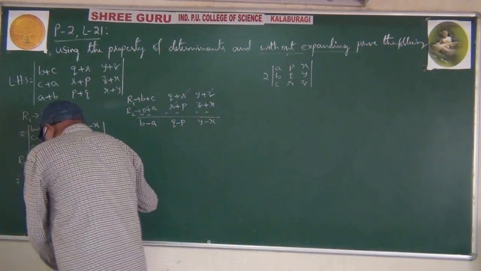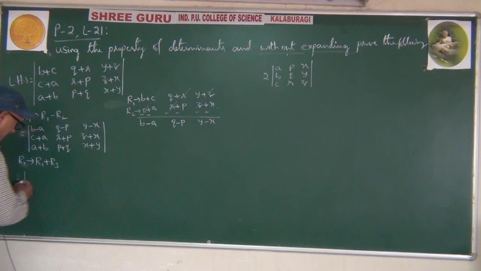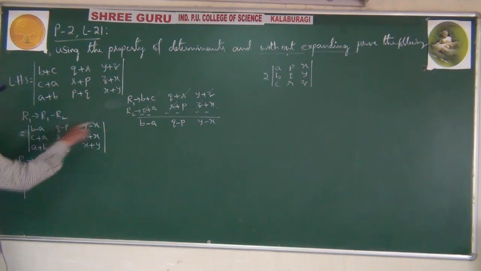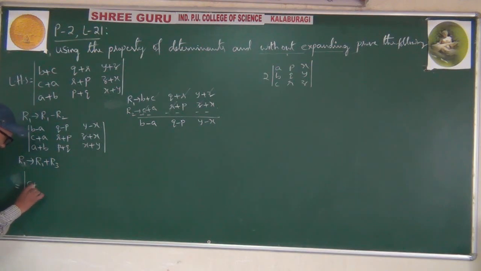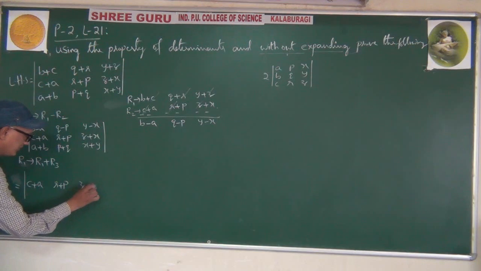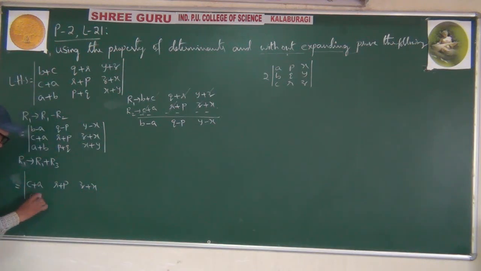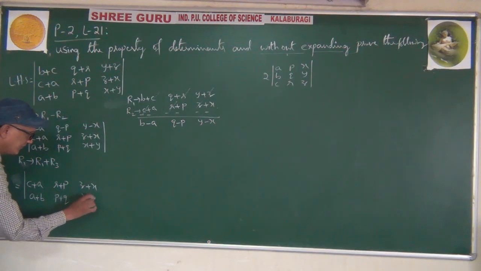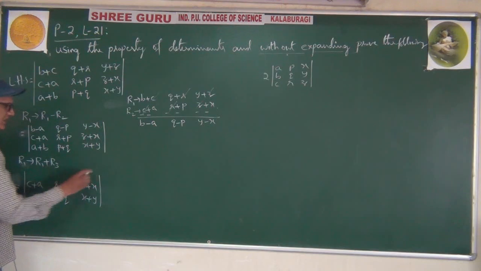You will get that by doing practice. Practice means observation. R1 we are changing, second row as it is, third row as it is. Now you will understand why we did this.